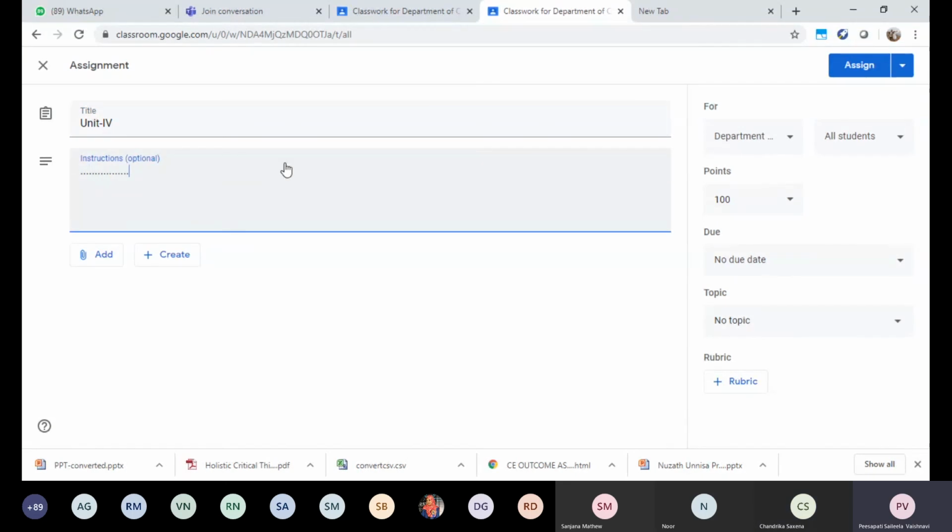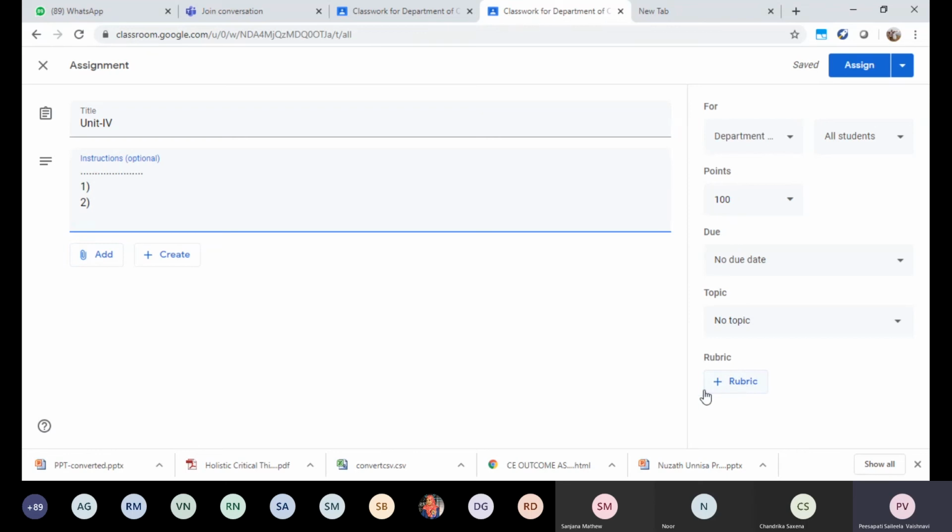Instructions: I give some instructions to my students, and I add questions to it. Question 1 and 2, so I'll add all my questions here. And if I want to give an attachment, I can attach it here.